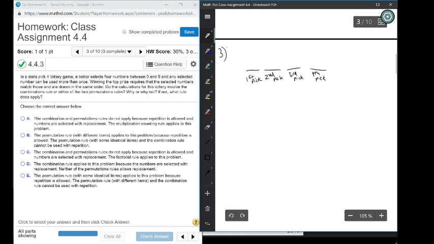That means for the first pick we have 10 possibilities. And we multiply that by the number of possibilities for the second pick. Well, any number can be reused, so there's another 10 possibilities, and then another 10 possibilities, and another 10 possibilities. So the total number of possible picks for this lottery game is 10 to the fourth. This is an example of the multiplication rule.